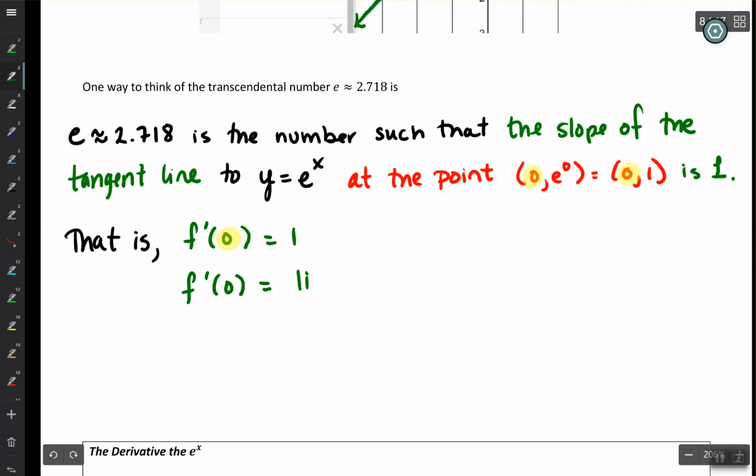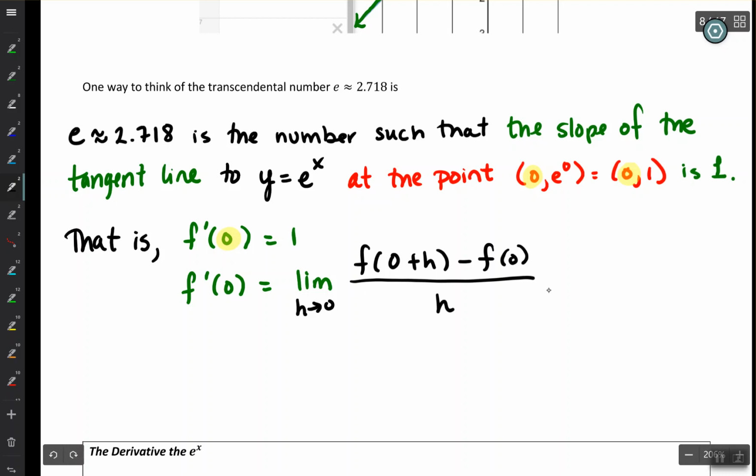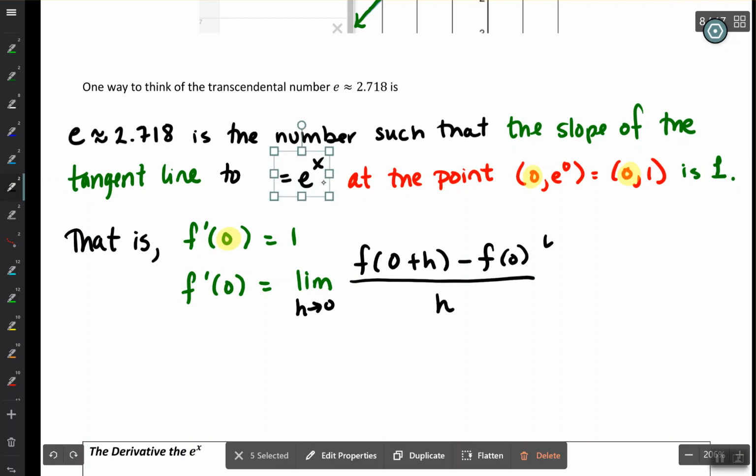It is the limit of rise over run as run goes to 0: f of 0 plus h minus f of 0 all over h as h goes to 0. And since I am using f notation here, I'm going to name the curve y equals e to the x as f of x because I'm using function notation.